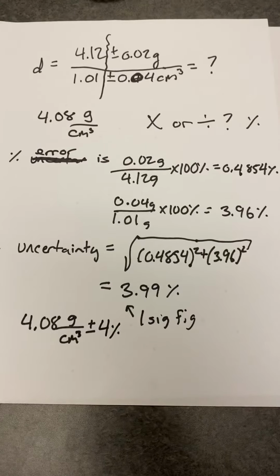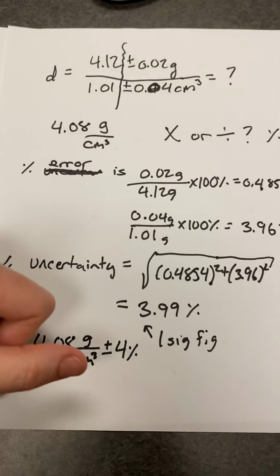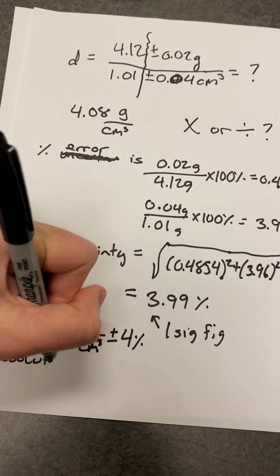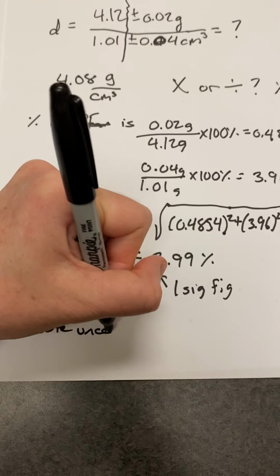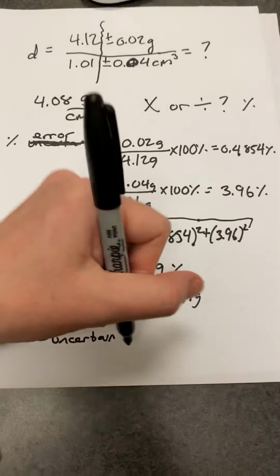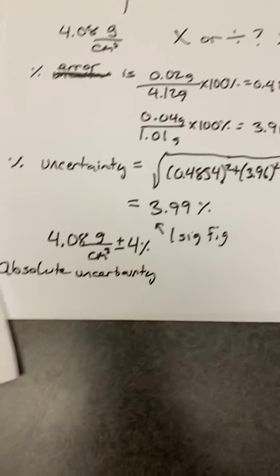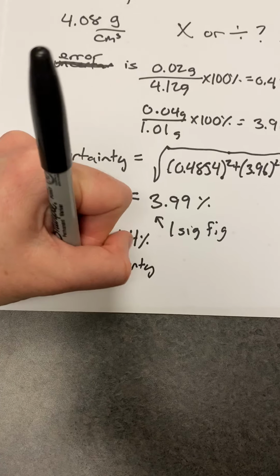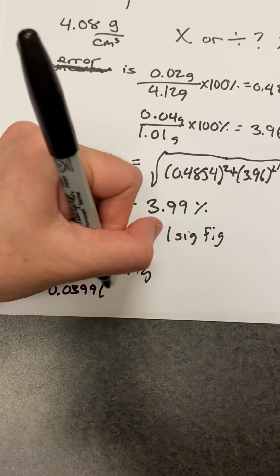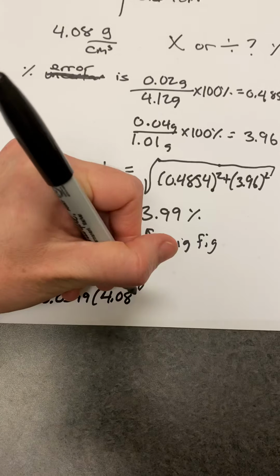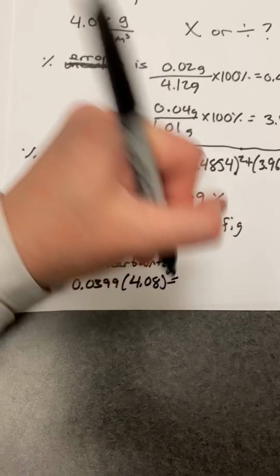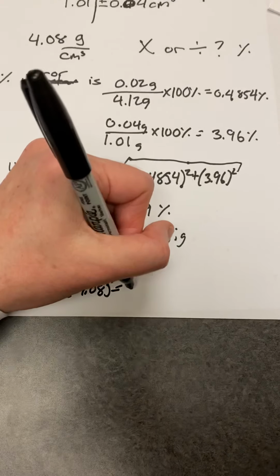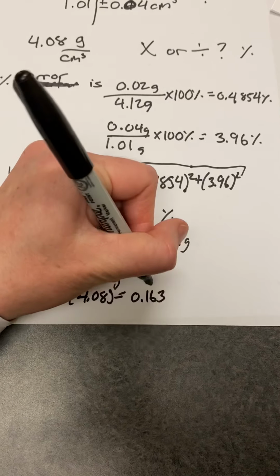Now there's something else I can do. This is the percent uncertainty. I can also report this value in absolute uncertainty. And that will provide us that range that we were talking about. Simply by knowing what 3.99% of 4.08 is. And if I do this, I find out that it's 0.163.